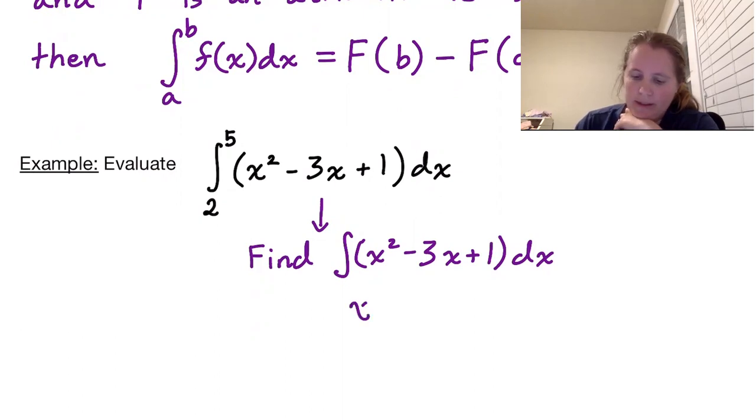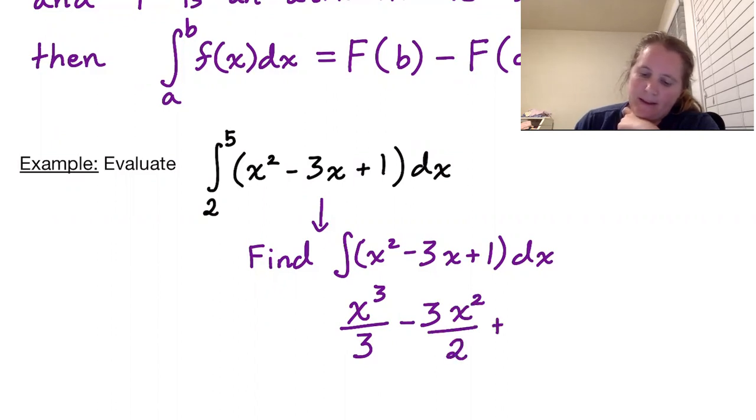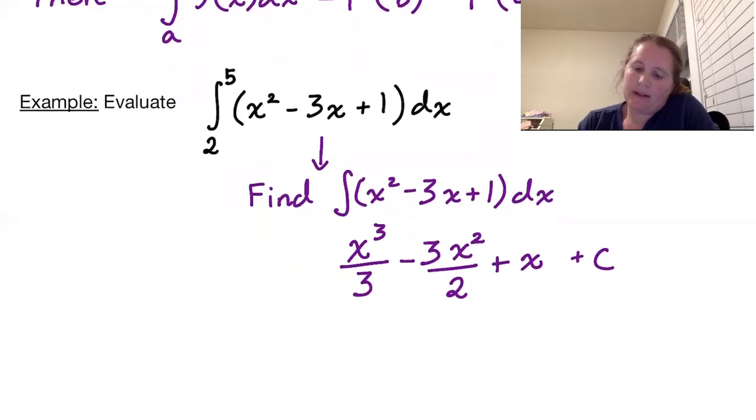It says we raise the power by 1 and then divide by our new power. So x squared would go to x cubed over 3. Then we'd have minus 3 times x, which would go up to x squared, and then we divide by 2. And then the antiderivative of 1 is x. And then we have a plus c technically on the end, right? But since we only need an antiderivative, we can go ahead and set c equal to 0.